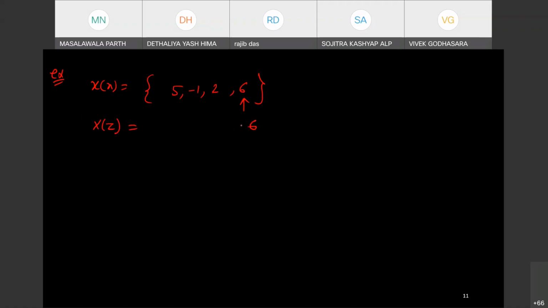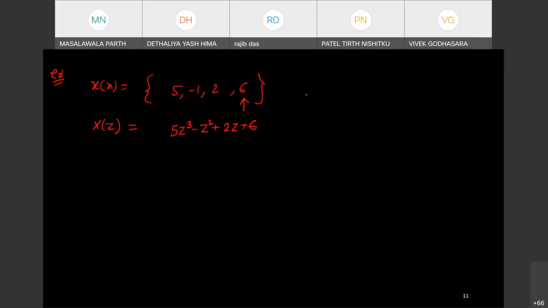This is your 6, this is your 2z, this is minus z square, and this is your 5z cube. Am I correct? Is it okay? Yes, sir.